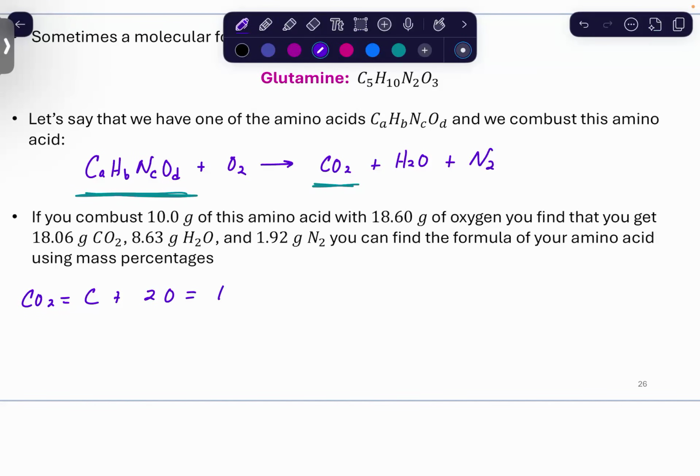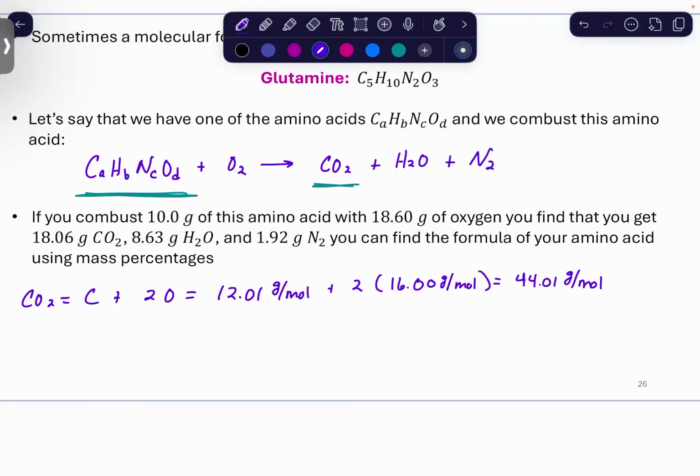That is going to be 12.01 grams per mole, and again, I'm getting these off the periodic table, plus two. Oxygen is 16 grams per mole. And when I add this up, I get 44.01 grams per mole.